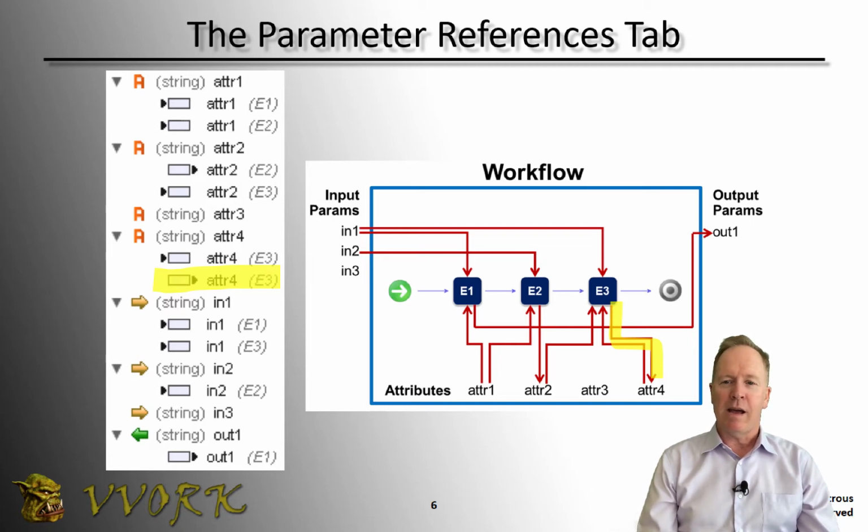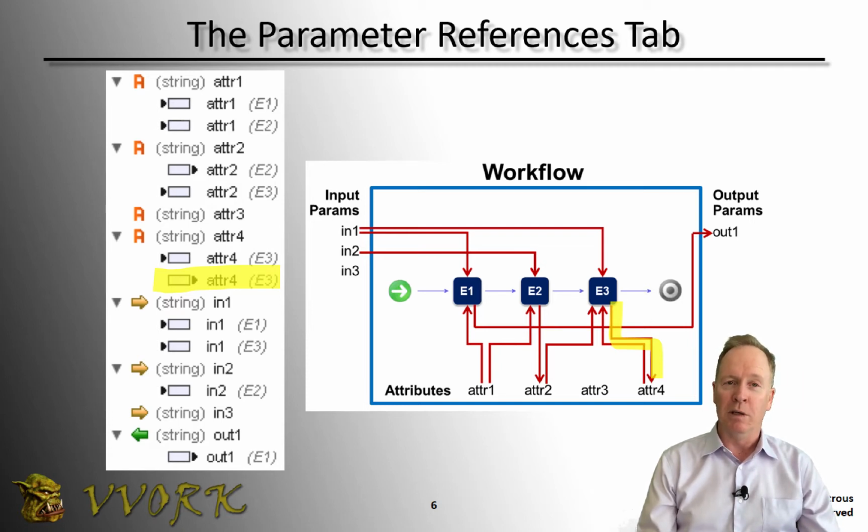Admittedly, in the beginning, when I first started using the Parameter References tab 10 years ago, I had a bit of difficulty initially figuring out what this was trying to tell me and how to use it.